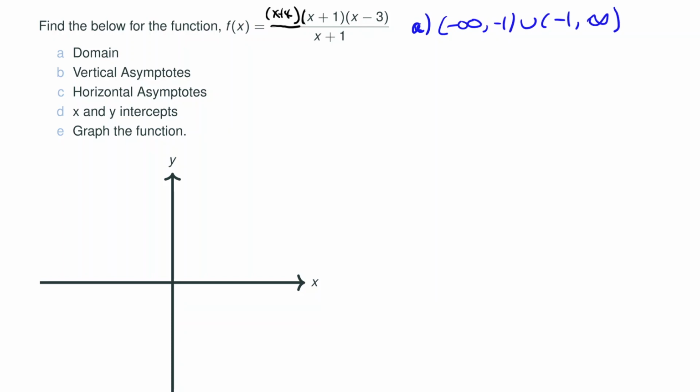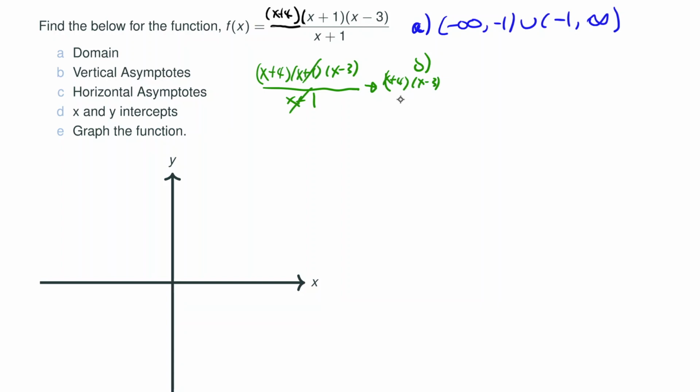Now for the vertical asymptote, we have to simplify if we can. If you cannot simplify, then we just don't simplify and find whatever makes it undefined. So in this case, we can simplify. So this simplifies to x plus 4 times x minus 3. Nothing in the denominator, right?